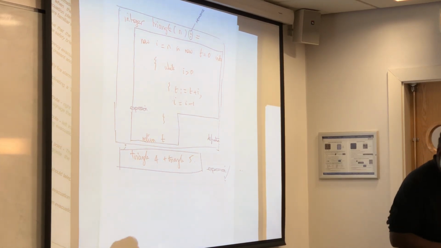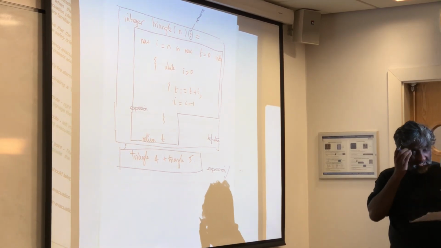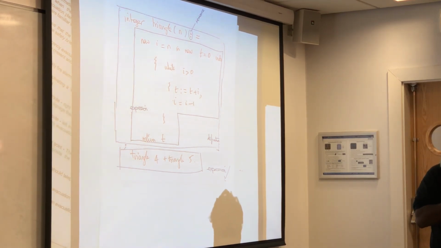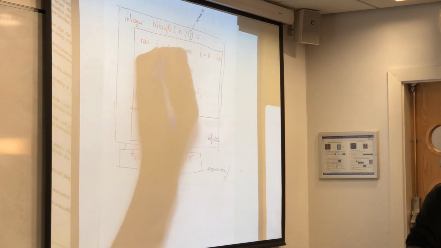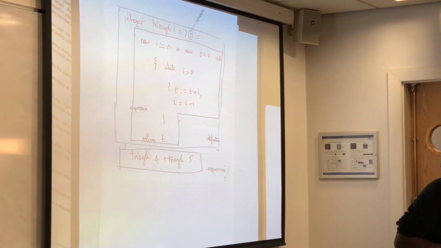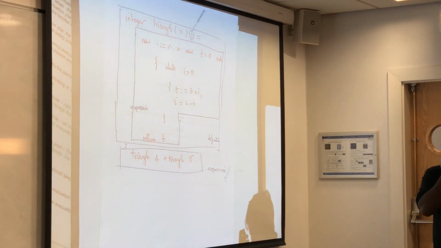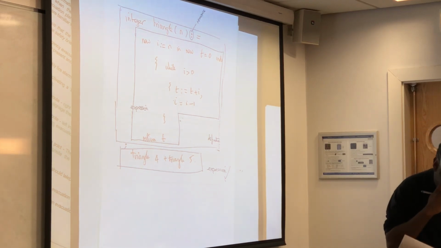So a new expression, the word new, then a variable, that's fine. And then you have colon equals. That just says equals, so we need a colon. In, have we got an in? We've got an in, good. And then we get another expression.